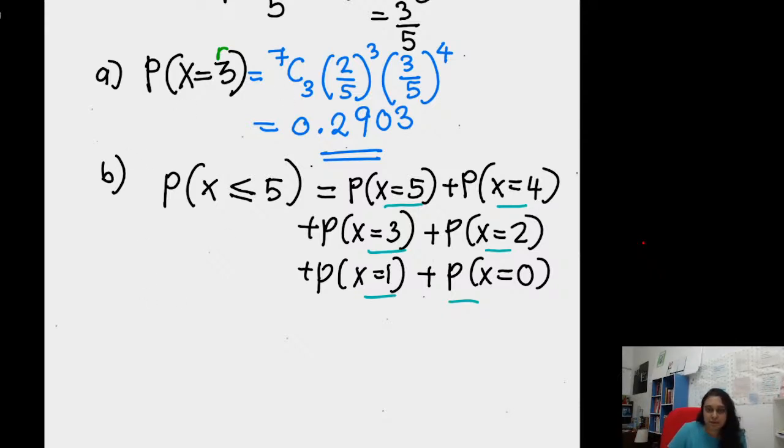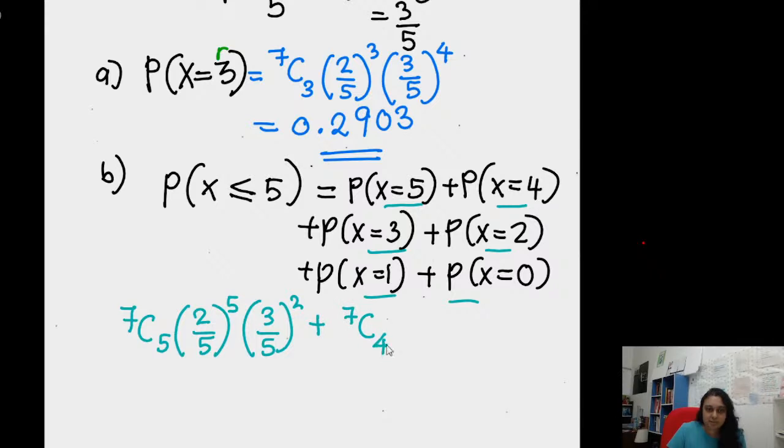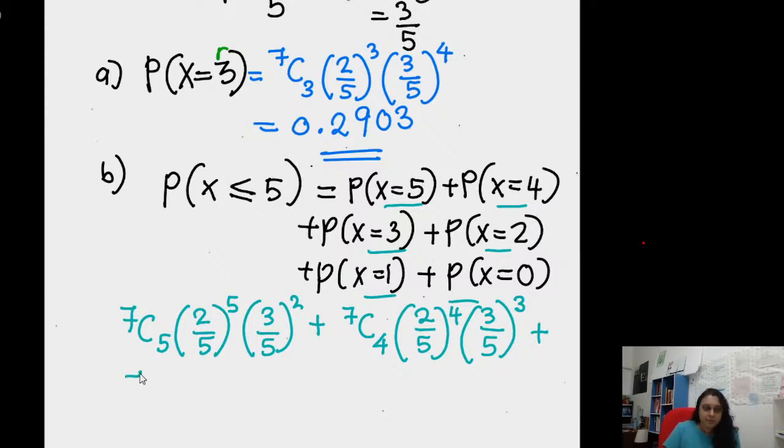So this first one here for 5: 7C5, 2/5 to the power 5, 3/5 to the power 2, plus 7C4, 2 over 5 to the power 4, 3 over 5 to the power 3. Plus, just keep going until you do the 0.